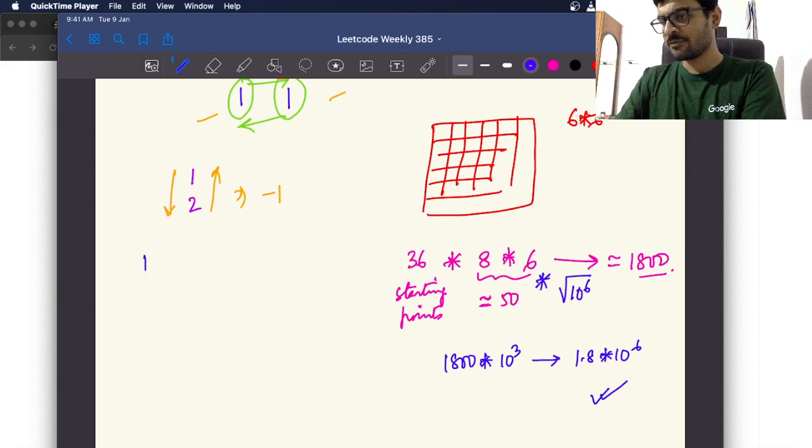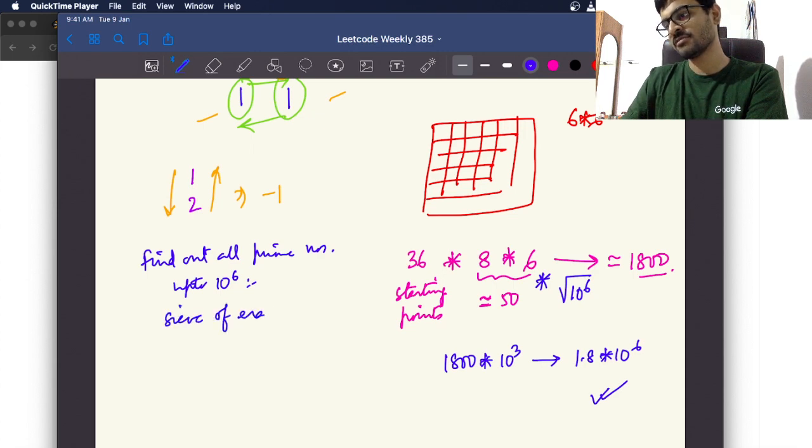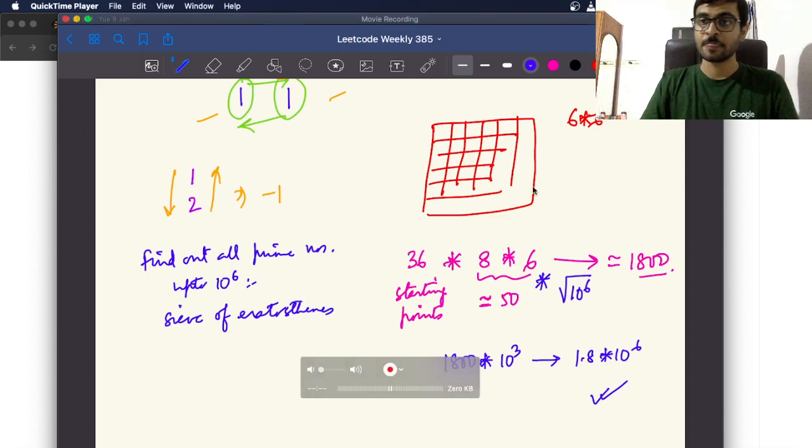If you want to find out, let's say, all prime numbers up to 10 to the power 6, then you can use Sieve of Eratosthenes. You can store in a hash map and you can then plan better using that.